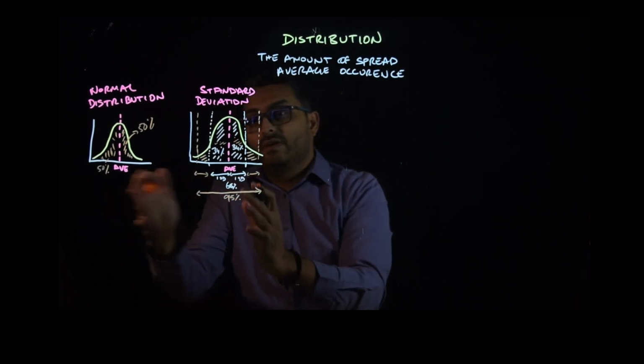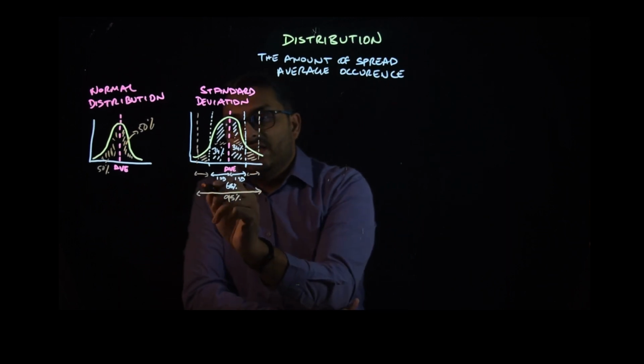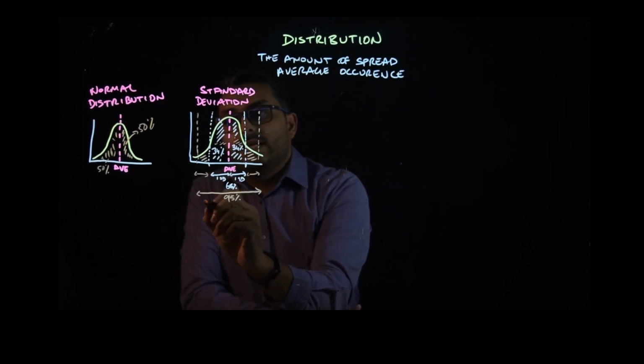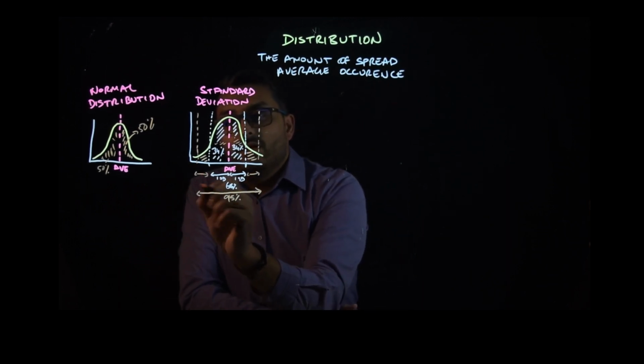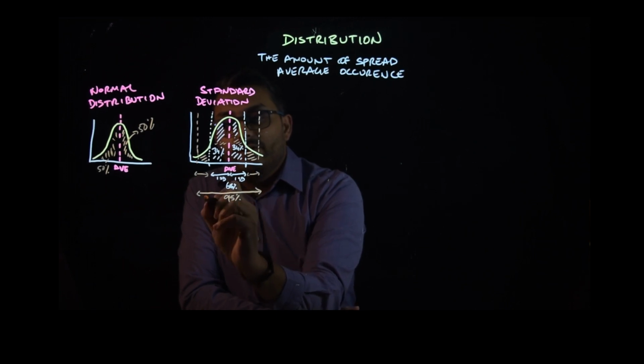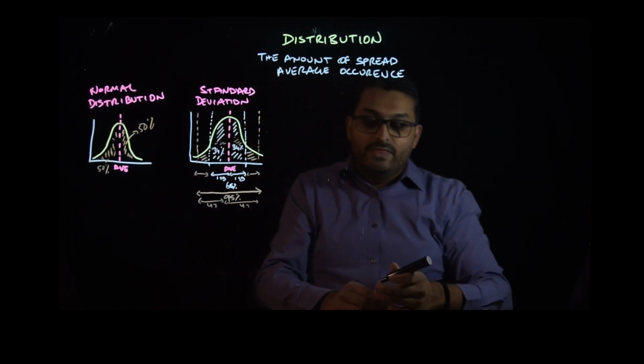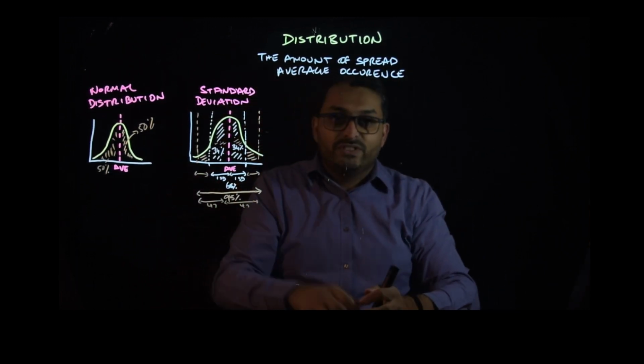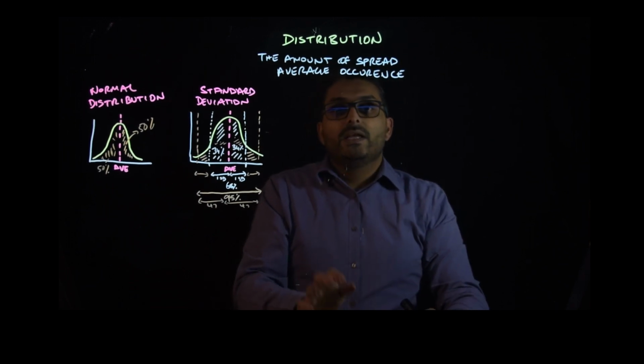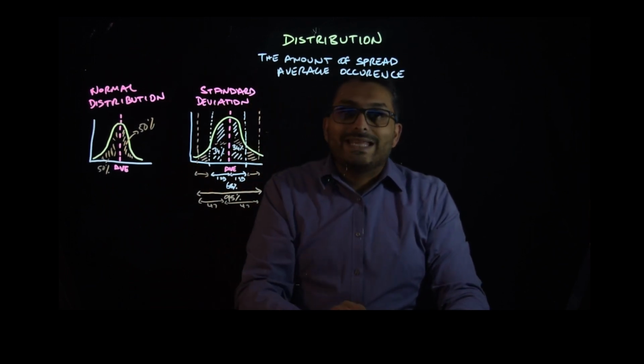And so we can sort of halve it. So it's about 47% on this side from the average. It's about 47% on that side, and that gives you about 95%. So that's what standard deviation is.